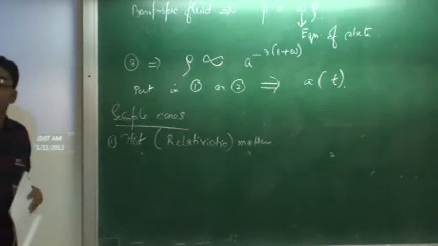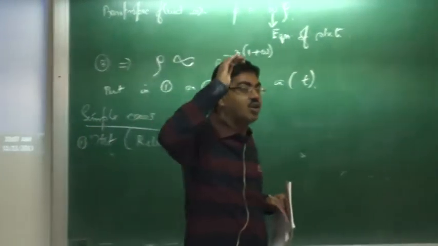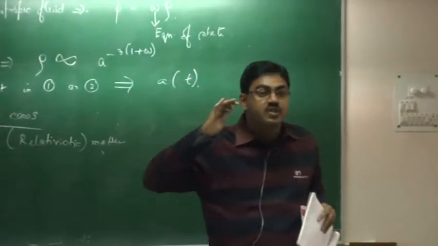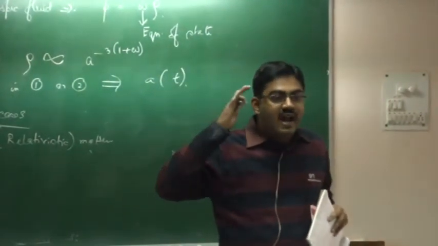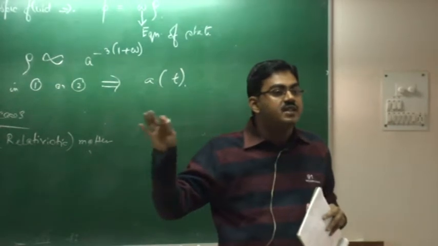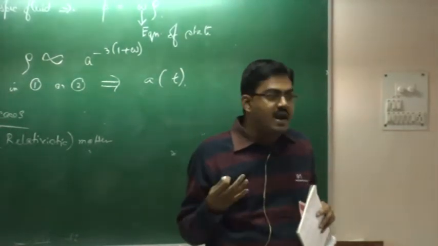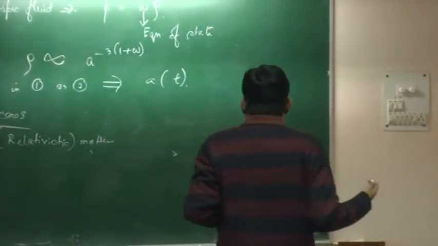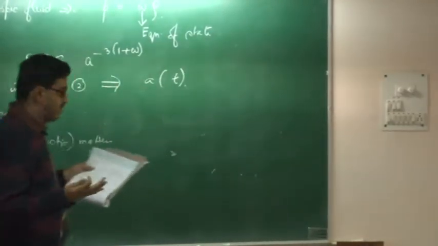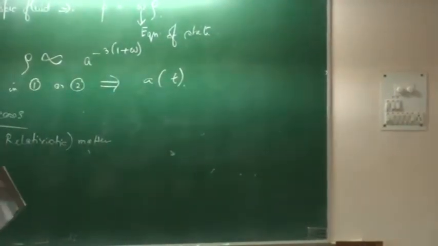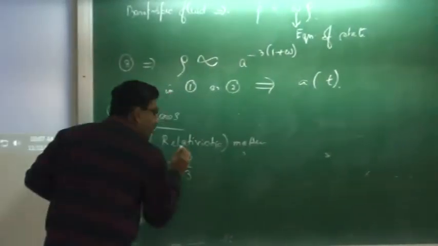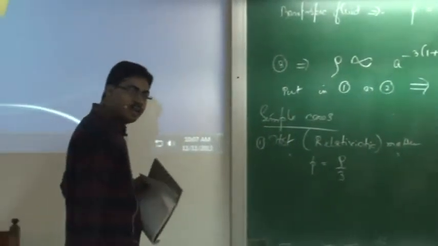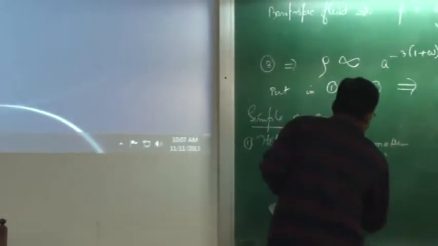This is the case when the universe was really hot at a very early time, the temperature was huge. Most of the matter was made of relativistic matter, and then using thermodynamics you can readily say the relation between pressure and density is given by P equals rho by 3. So that is your equation of state.